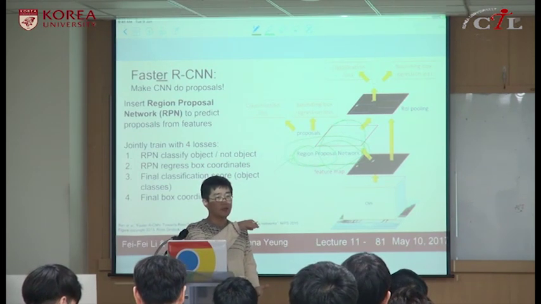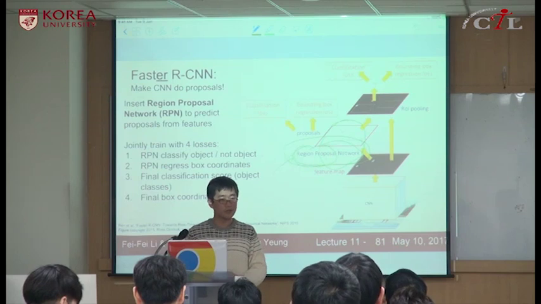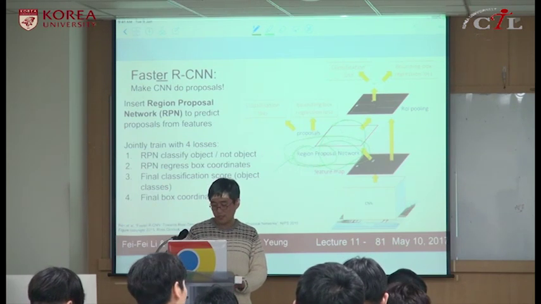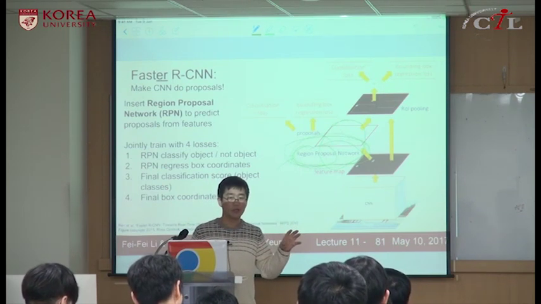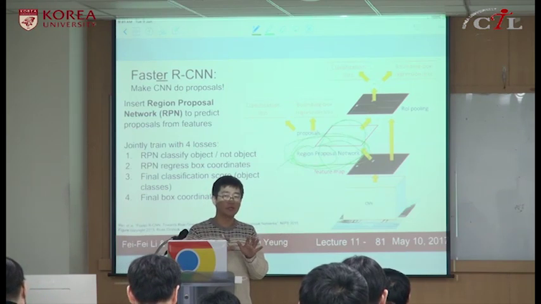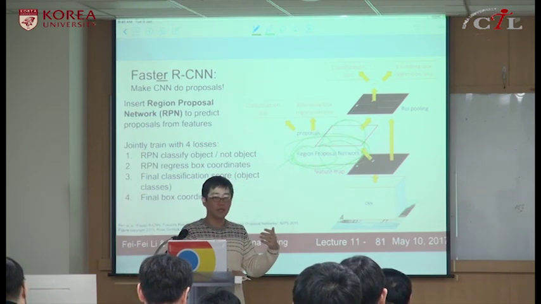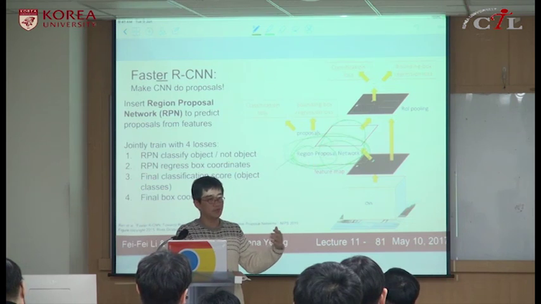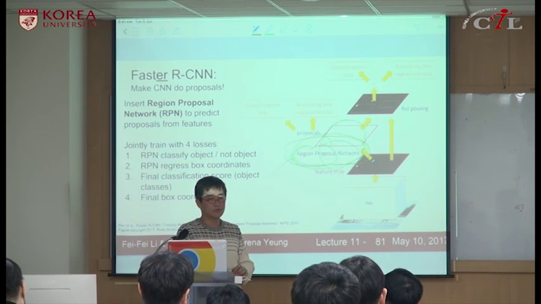this is now becoming a part of our entire network, right? So you can understand this as training the region proposal network from the beginning, from random initialization. That way, we don't need to incorporate any additional region proposal method.